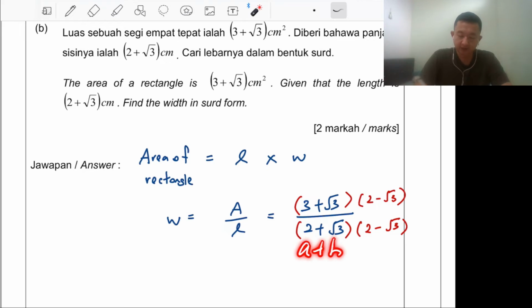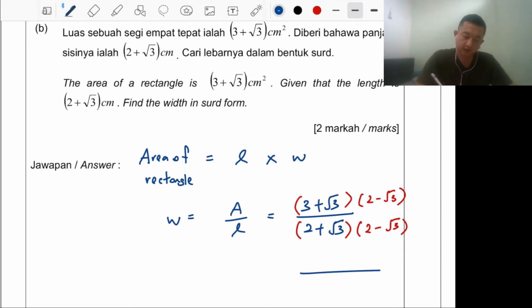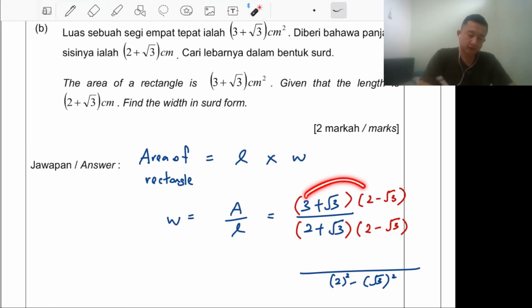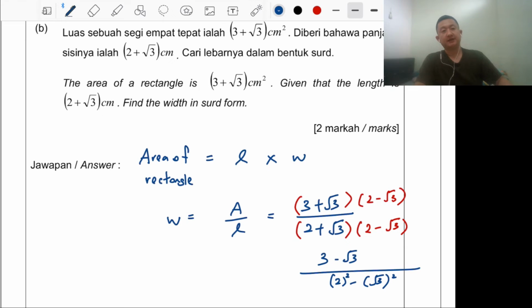A plus B, A minus B. Therefore, we have A squared minus B squared. 6, 3. 6 minus 3, so you still have 3. 2 root 3 minus 3 root 3, so minus root 3. 3 minus root 3.